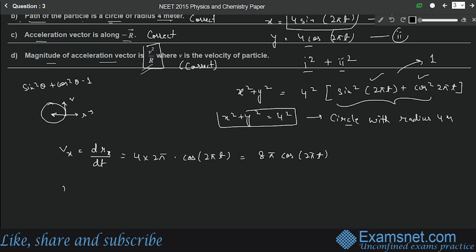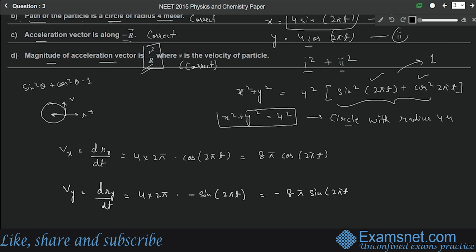Similarly, the velocity along the y direction will be dry upon dt. So let's differentiate 4 cos 2 pi t. Again we get 4 into 2 pi, and the differentiation of cos theta is minus sine theta, so we get minus 8 pi sine 2 pi t.